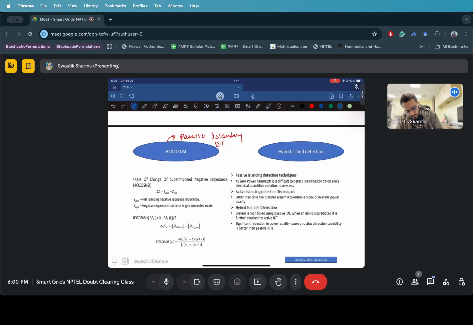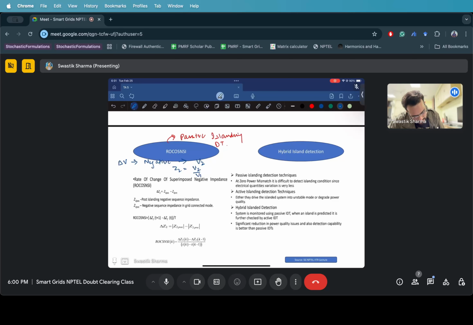This power mismatch will correspond to delta V, a change in V, and this will give rise to negative sequence components, which is V2. And they say let's track V2 by V1 in two conditions, pre-islanding and post-islanding.